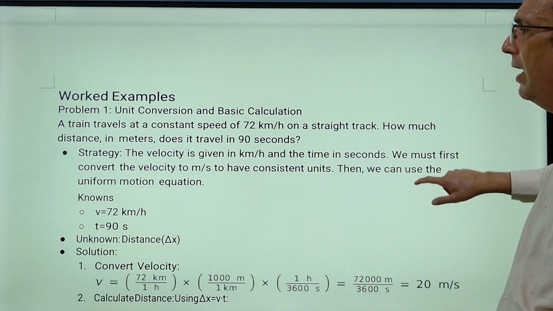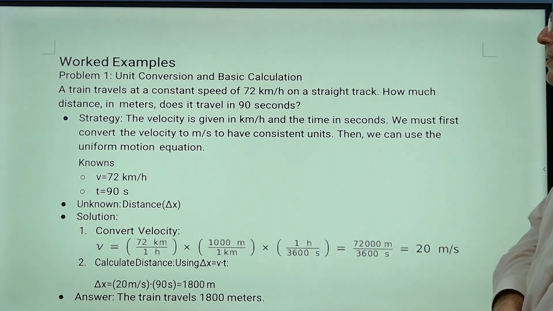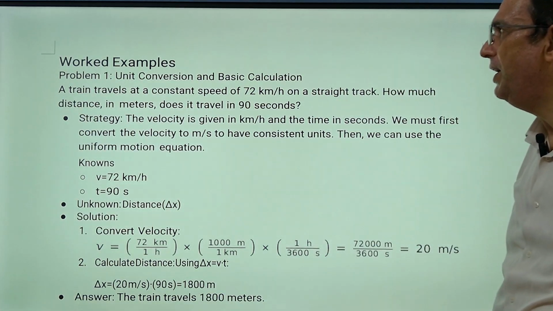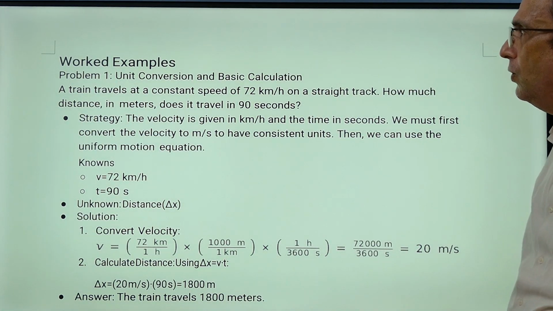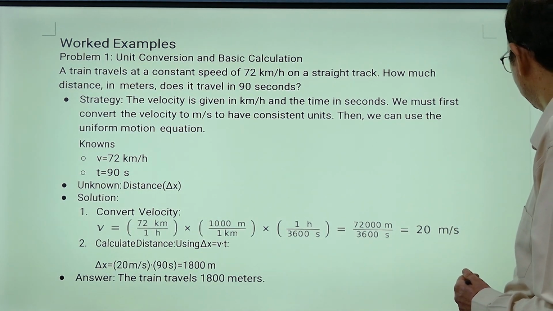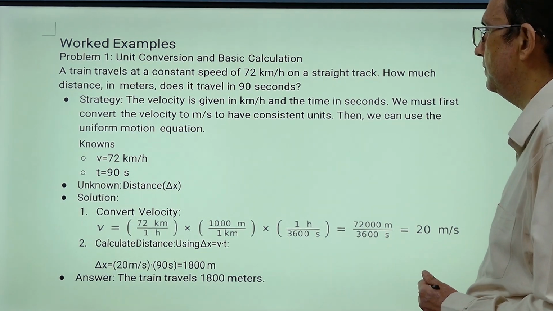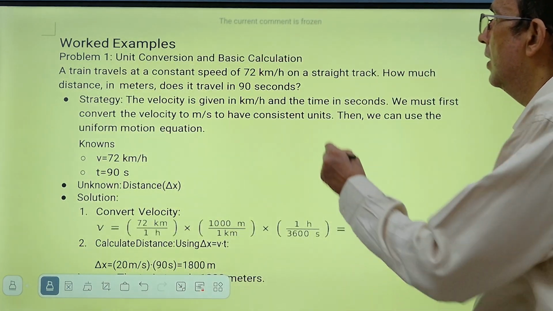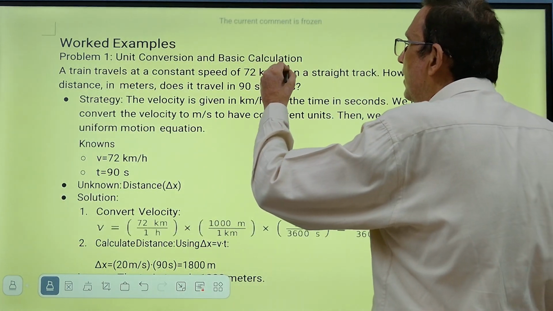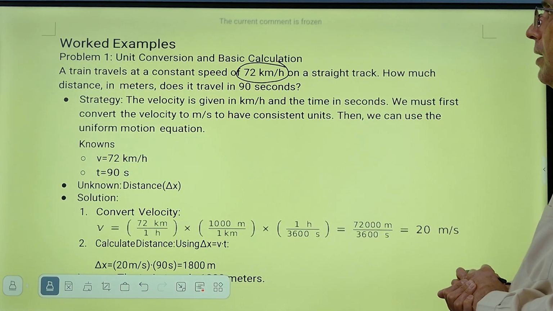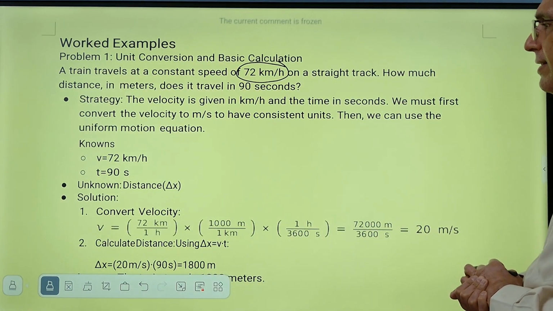So, a worked example, some simple examples. For example, a train is traveling at a constant speed of 72 kilometers per hour. So the speed of the train is simply 72 kilometers per hour. In 90 seconds, how much distance has it traveled?